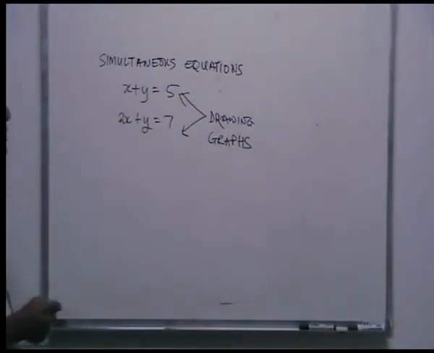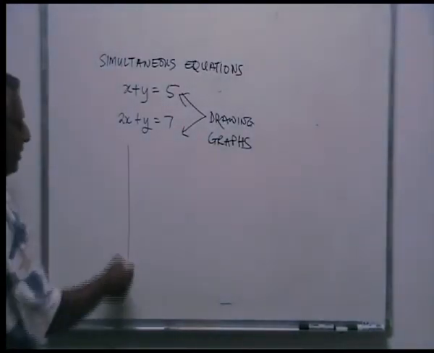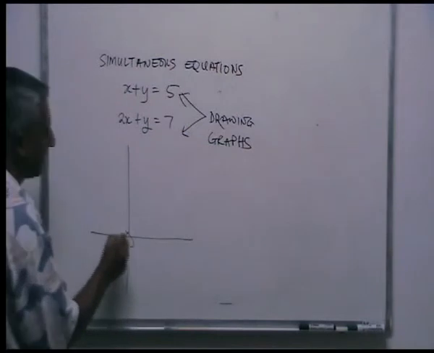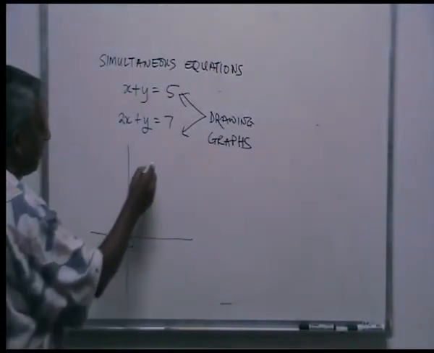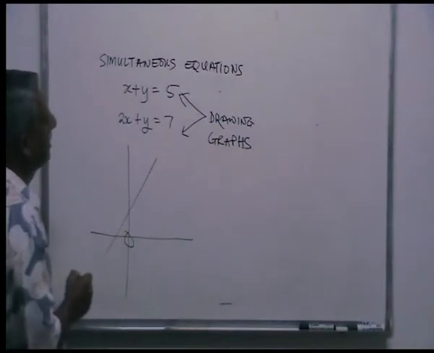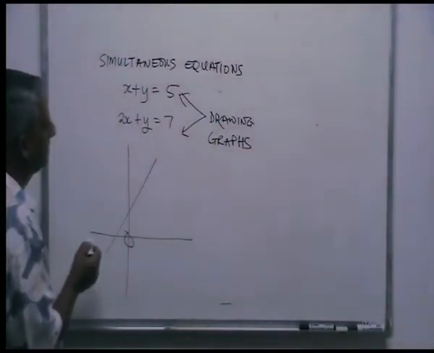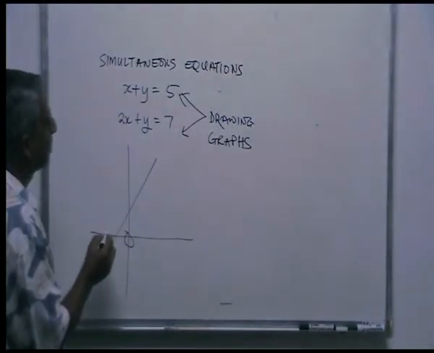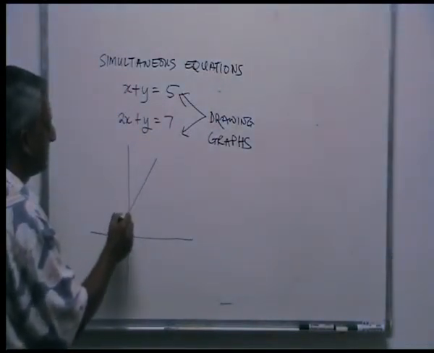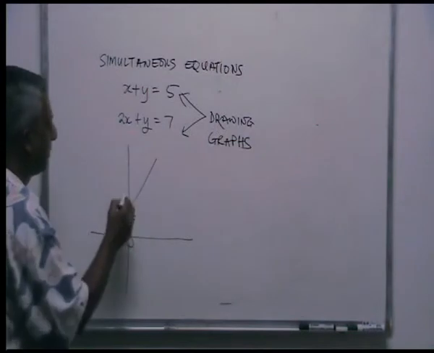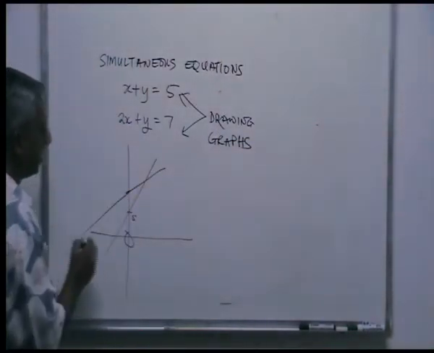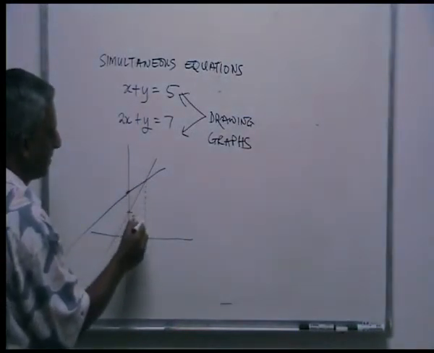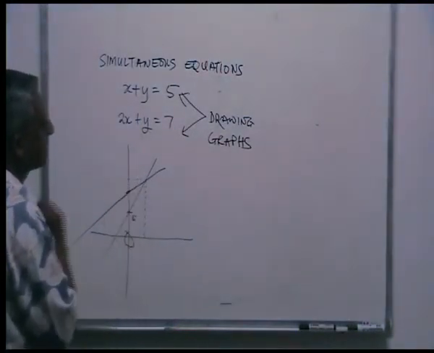You'll draw the graph of that one, and you'll draw the graph of this one, and where the two graphs intersect. When you're actually going to do it, I'm just doing a rough sketch. When you draw the graph of this one, y is equal to x plus 5, it will go something like that. And when you do the graph of this one, y is equal to 2x plus 7. So this is 5, and this one will go through 7, so it will also go something like that. It's a rough sketch.